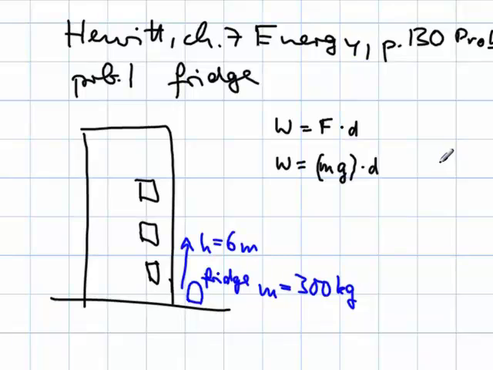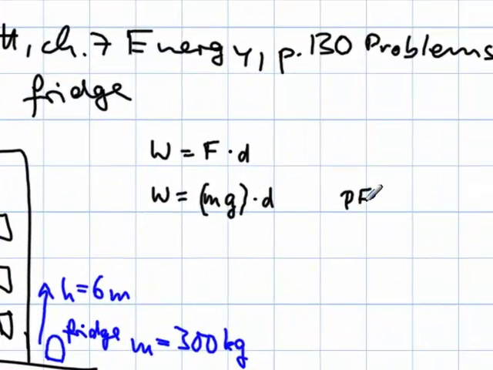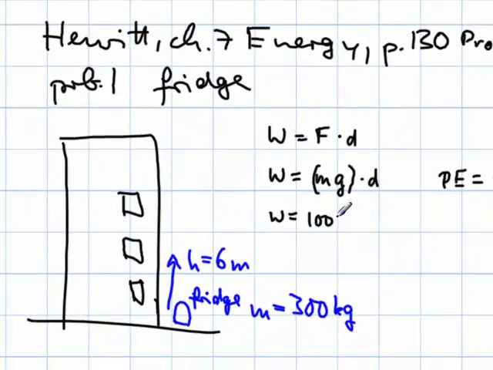Well, that looks a whole lot like the potential energy, and of course that's what the refrigerator would gain. The work would turn into potential energy, and that would of course be mgh. That's just on the side. So the work is going to be, now in numbers, 100 kilograms times 10 meters per second squared times 6 meters.